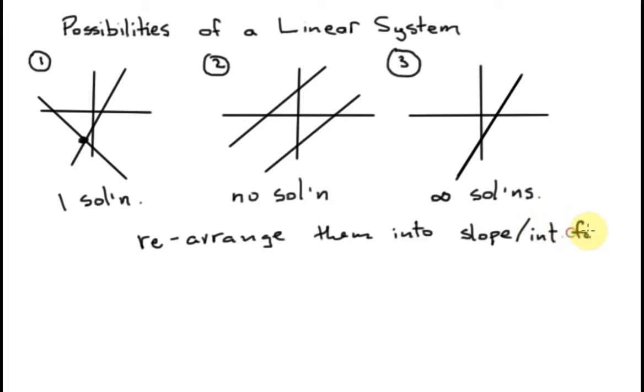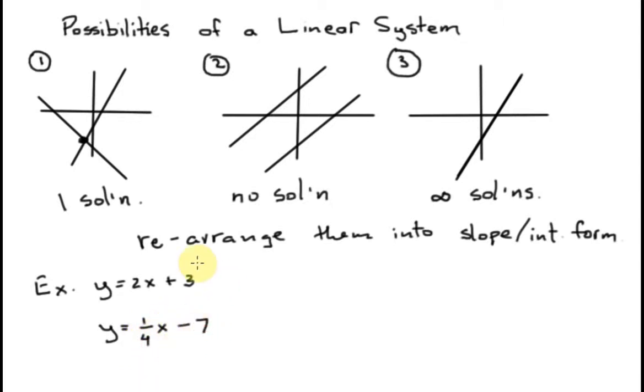For example, suppose you've rearranged it and you got y equals 2x plus 3, and then you rearrange the other one and get y equals 1/4 x minus 7.